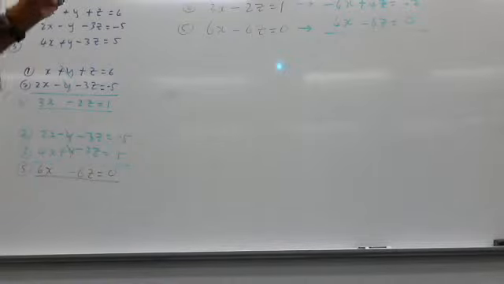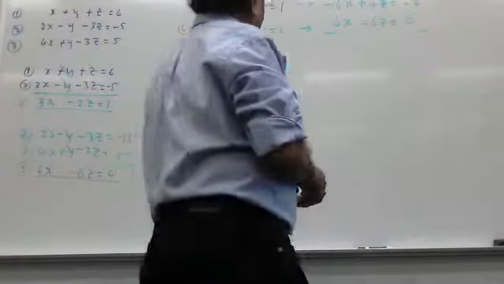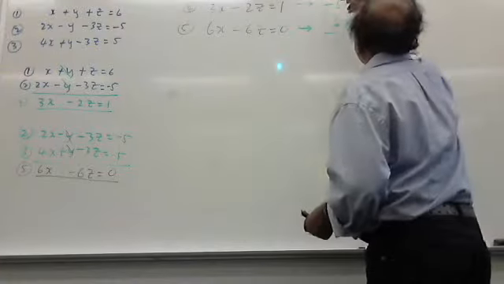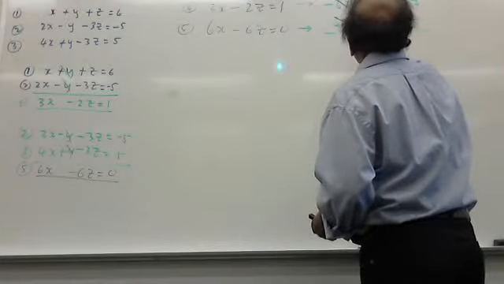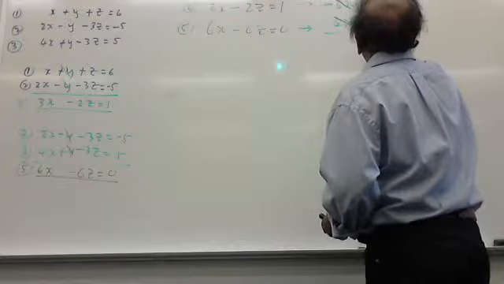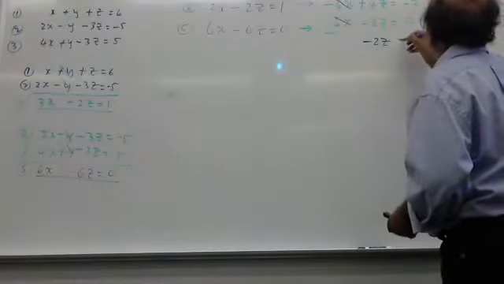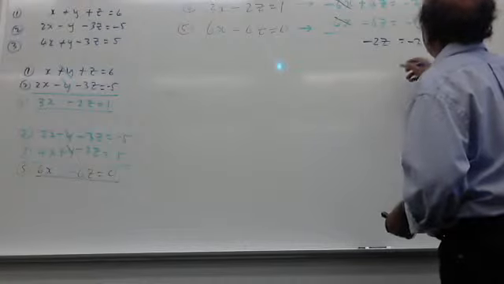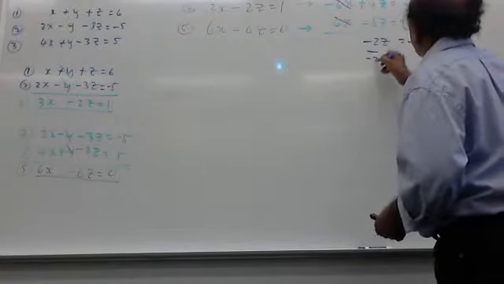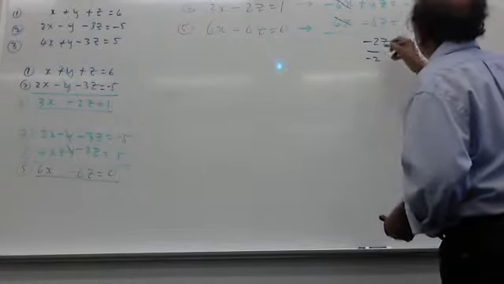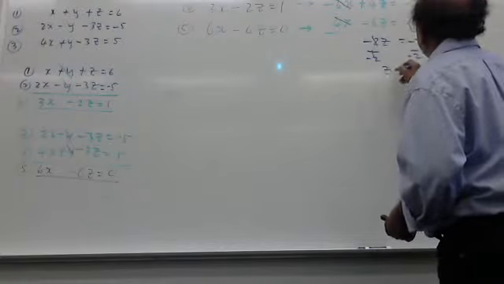Now, let's go ahead and add. And if we do that, this minus 6x and plus 6x cancel off, and this gives us -2z equal to -2, and then we divide both sides by -2, and we get z equal to 1.